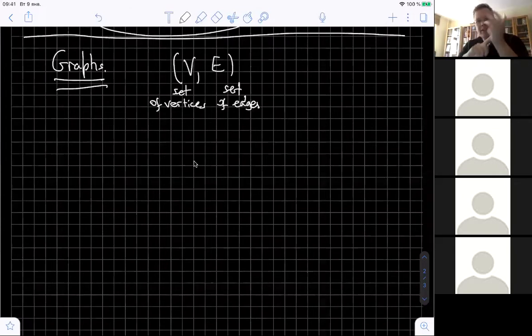You can have an oriented graph, or a multigraph if you can take two or more edges between the same vertices, and so on. But now we'll start with the simple graph, so we have no orientation, and between two vertices we either have one edge or no edges at all.